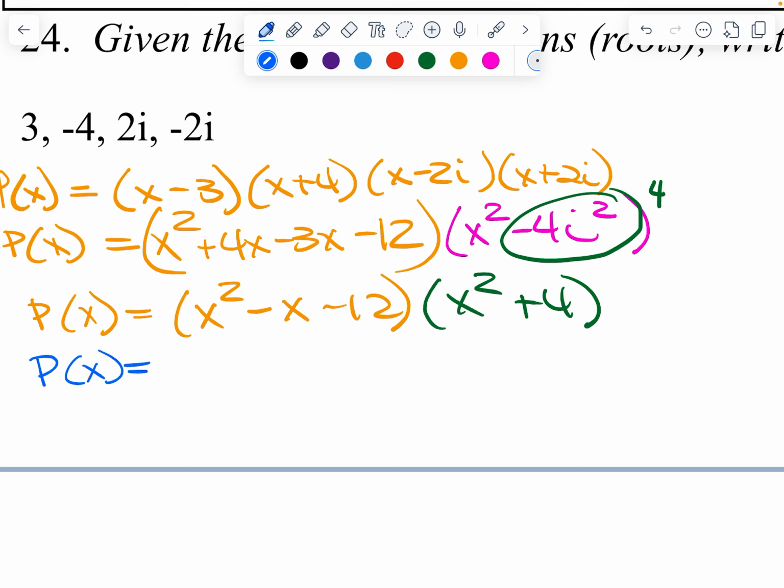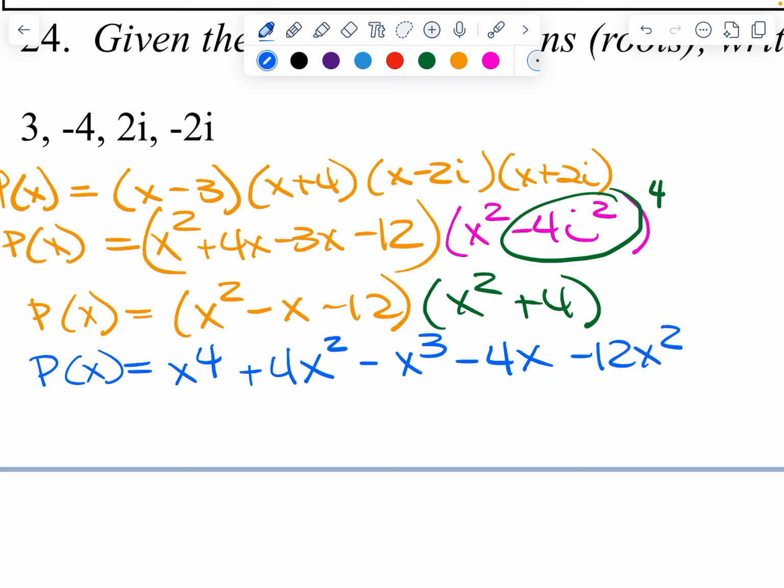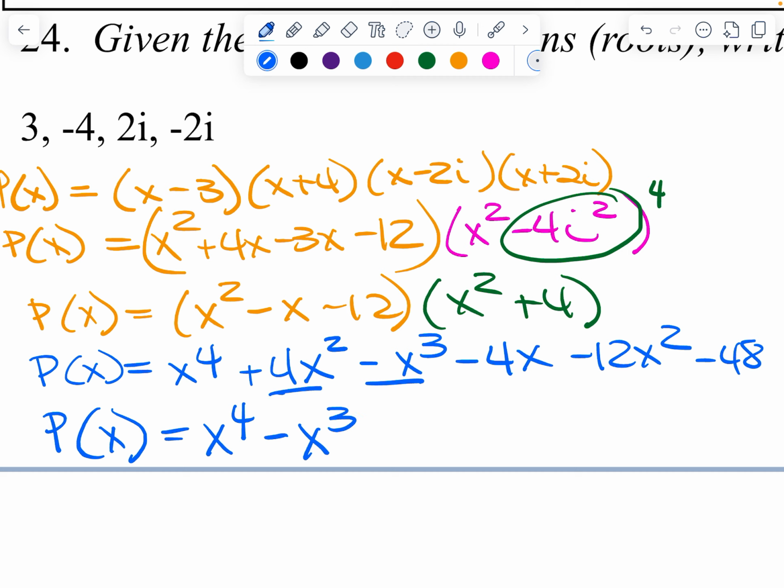P of x equals x to the 4th plus 4x squared minus x to the 3rd minus 4x minus 12x squared minus 48, and then I put it in descending order. So x to the fourth, then I have an x to the third here, so minus x to the third, x squared here and x squared here, so minus 8x squared minus 4x minus 48.